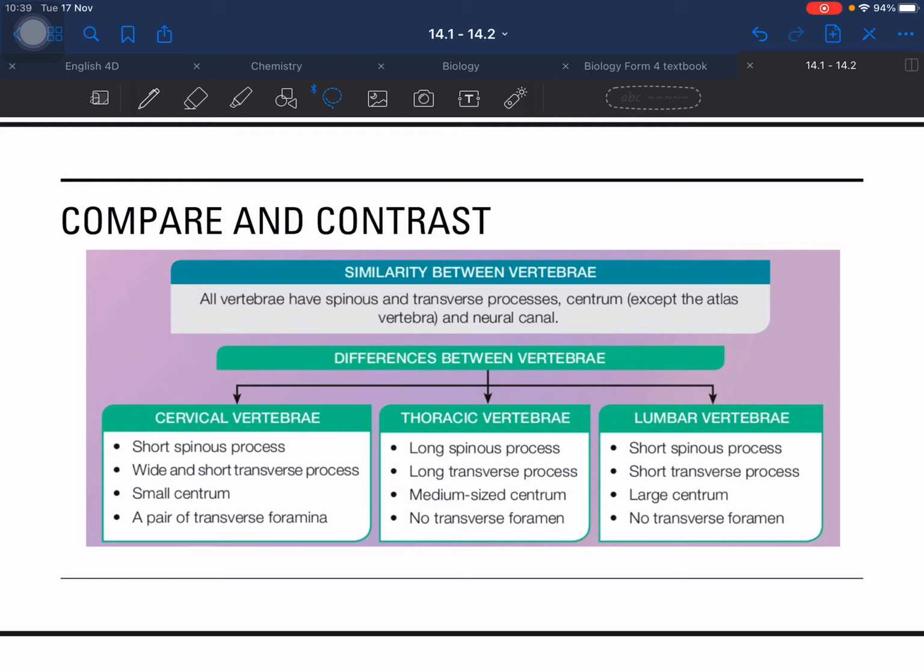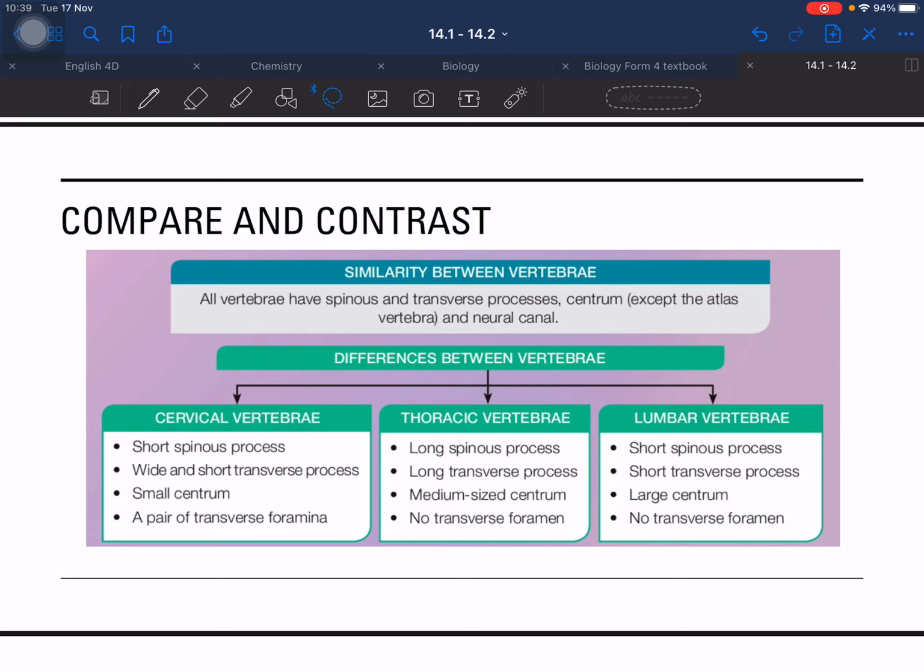There we go. Alright. And next would be the differences between your vertebrae, your cervical, your thoracic, and your lumbar. Right? So like I said, there are 5 columns, but the last 2 vertebrae, which are the sacral and the caudal, because they are fused vertebrae, they're not really talked much about in your syllabus.